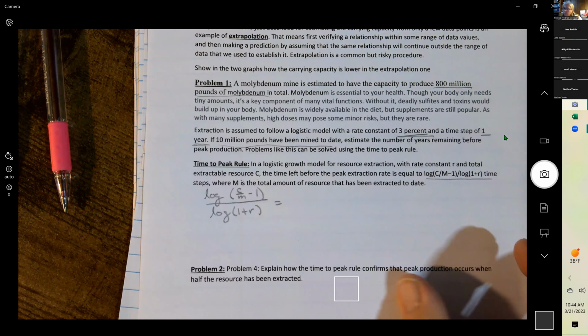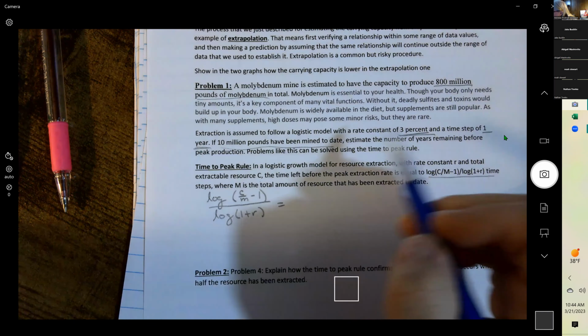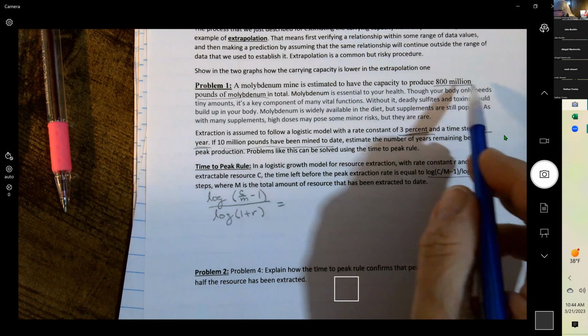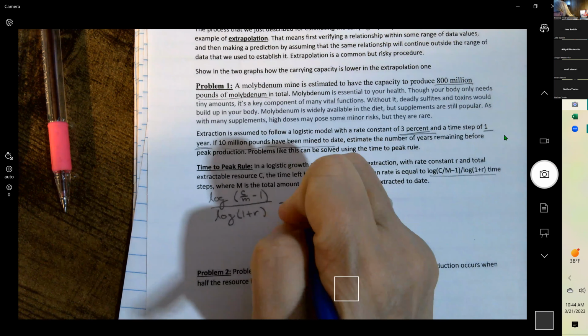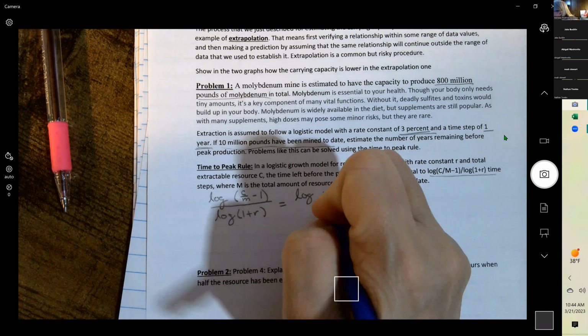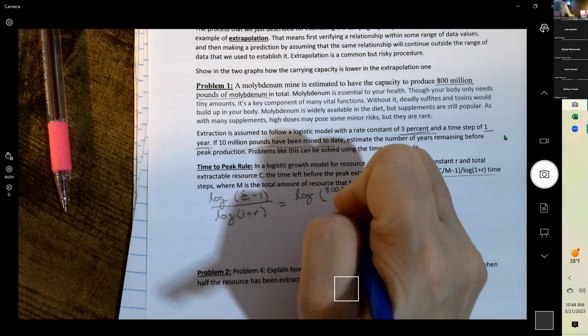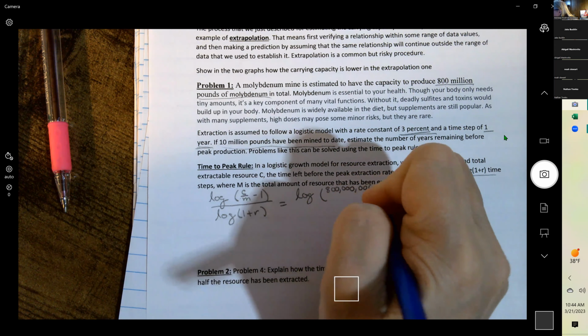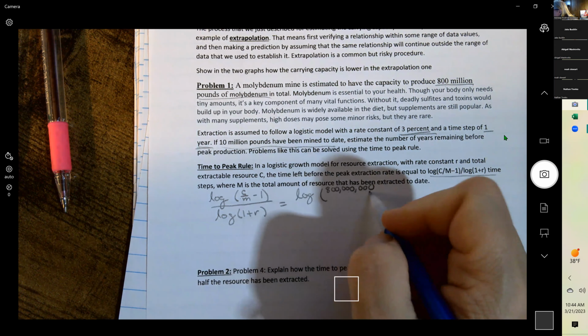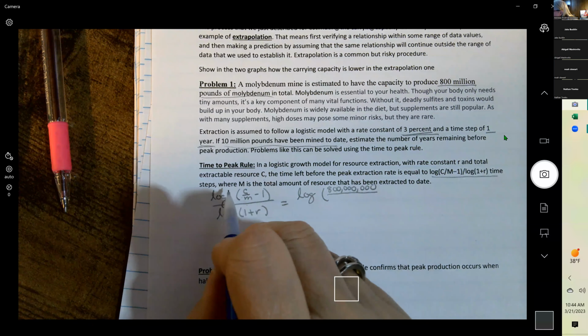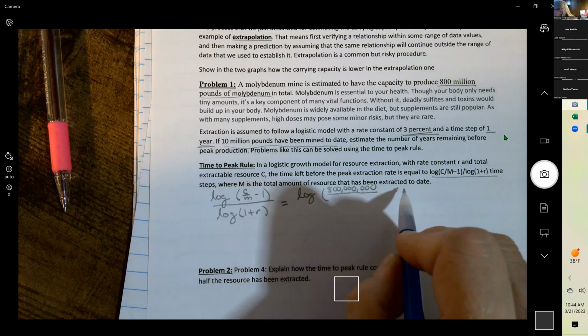C is the capacity, which was 800 million. M is the total amount of resource that has been extracted to date.